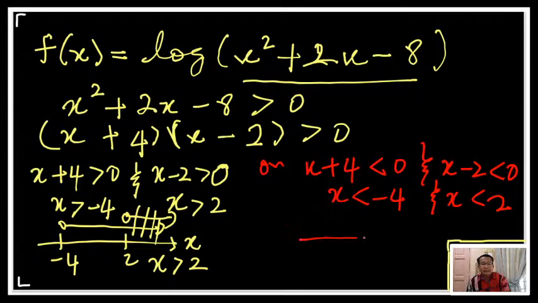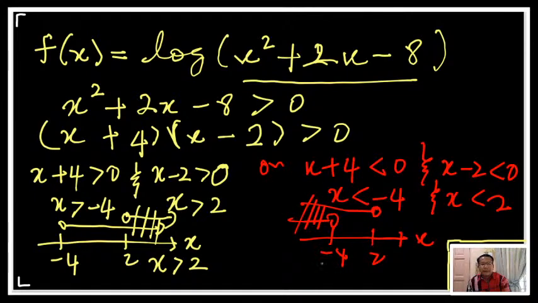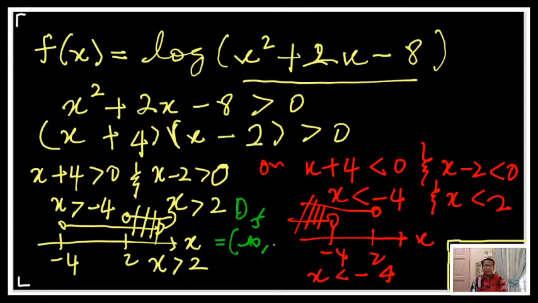Drawing the number line with minus 4 and 2, we get x less than minus 4. So the domain is x greater than 2, or minus infinity to minus 4, union 2 to infinity.